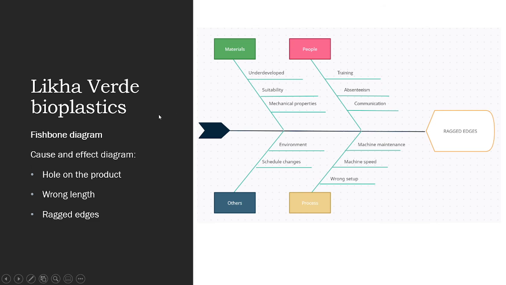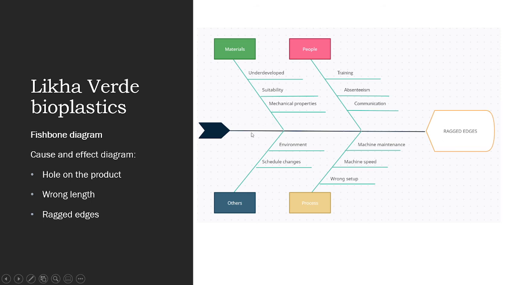Next, after analyzing the number of damaged products and which operations in the operations department have flaws, we will find what is causing the flaw or the damage. I will give an example because the ragged edges is the most common.